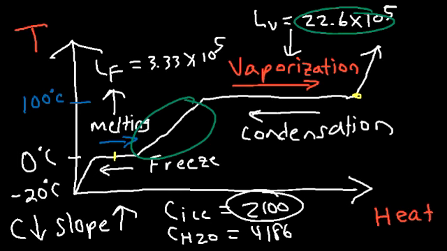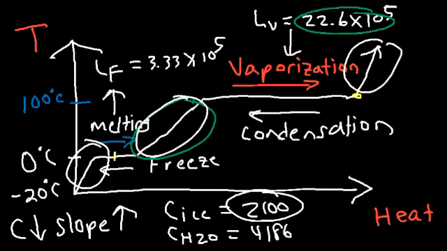Now let's talk about energy conservation. Whenever we have a temperature change, that is in these 3 segments, what is happening as we add heat? Where is that heat energy going? Have you ever thought about that? Whenever you raise the temperature of a substance, the molecules are moving faster, they're vibrating at a faster rate.